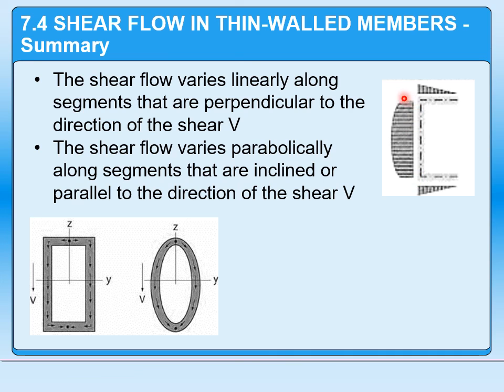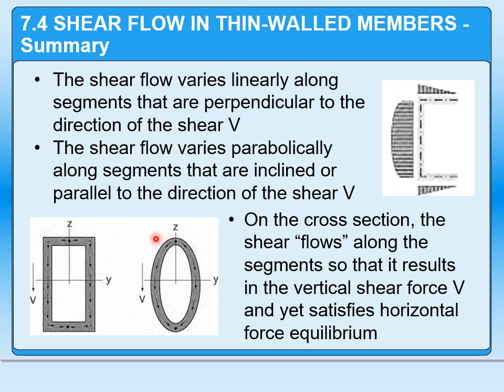Similarly, if we look at the vertical sections in here, we're going to see that the shear flow is going to vary parabolically, right? So anytime we're dealing with anything that is parallel to the direction of shear, or even at an incline, in fact, we're going to have a parabolic distribution. In general, we can look at all of our cross sections and see that shear actually tends to flow around them.